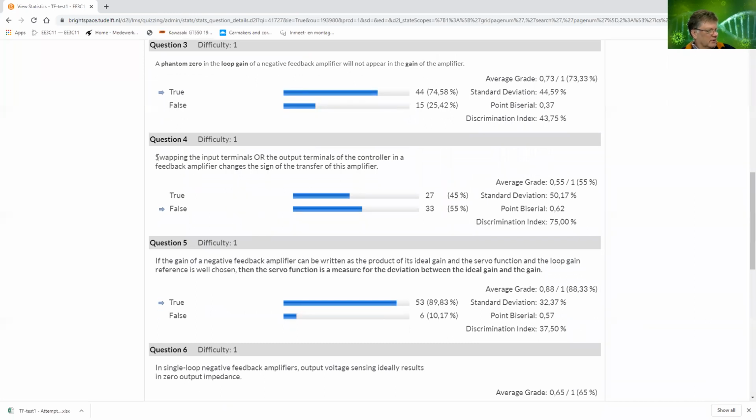And then this one. This was a question that apparently was a complex one. So maybe, Anton, you should also explain something about this one. Swapping the input terminals or the output terminals of the controller in a feedback amplifier changes the sign of the transfer. And that's not true.